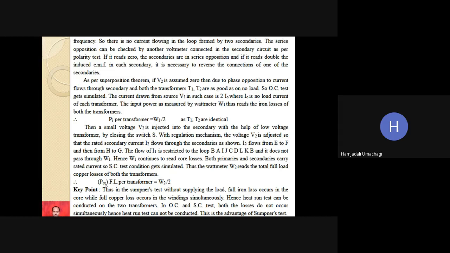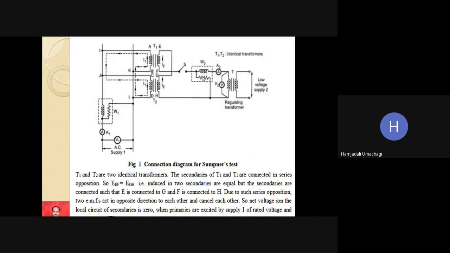Now, PCU FL per transformer. Since this wattmeter will be giving us full load copper loss of both the transformers, if we want full load copper loss of an individual transformer, then we should do W2 by 2. It means that if we are getting 100 watt through this wattmeter, then 100 by 2, 50 watt will be the full load copper loss of T1 transformer, and the remaining 50 watt will be the full load copper loss of transformer T2.